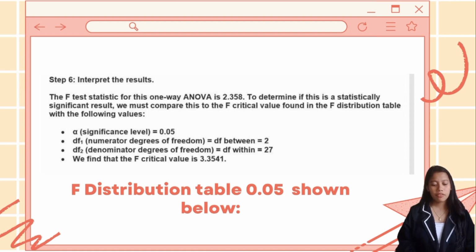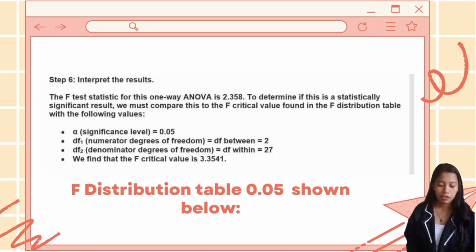To determine if this is a statistically significant result, we must compare this to the F critical value found in the F distribution table with the following values: alpha, or the significance level, equals 0.05, degrees of freedom between equals 2, and degrees of freedom within equals 27.